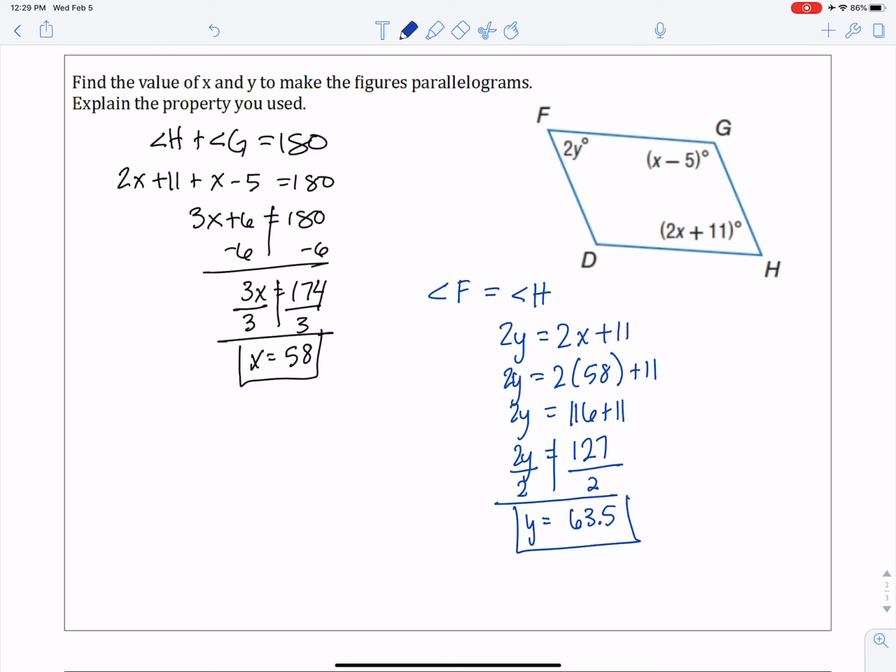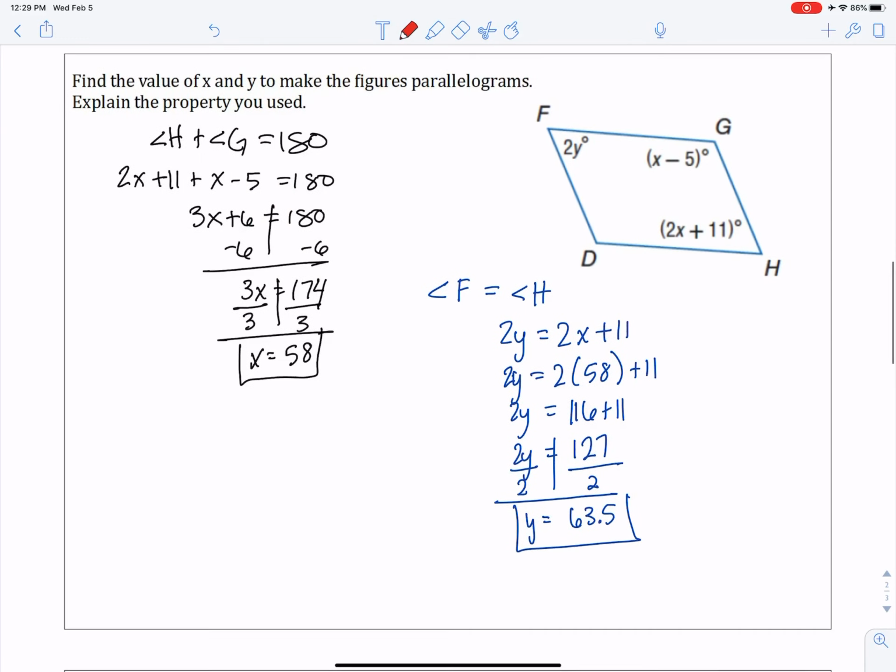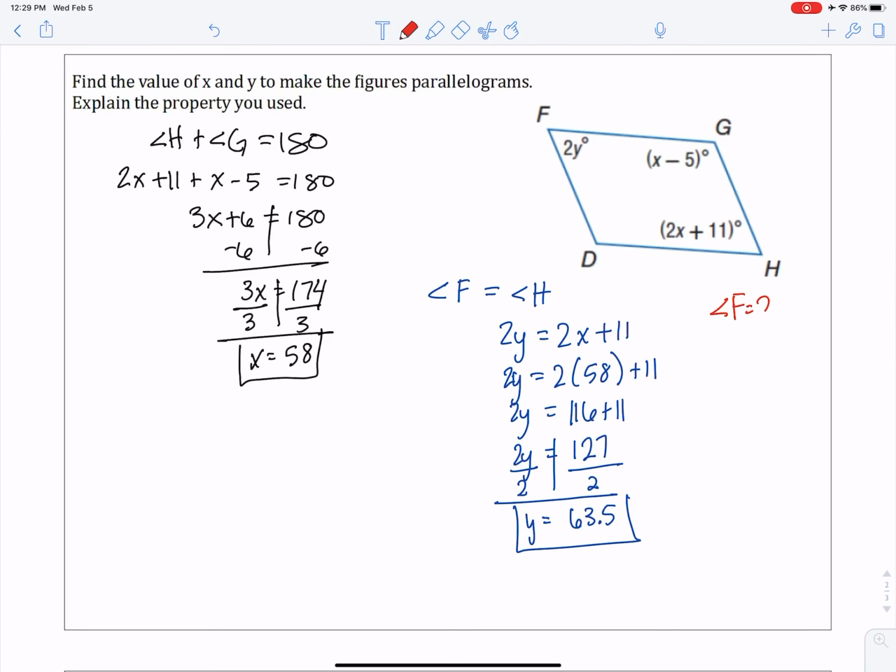And then we could take that information and we could plug it in. So for angle F, I could say 2 times 63.5, which is 127. So angle F would equal 127. And so would angle H, 127. And you can see that right here where we plugged in 58. 2 times 58 plus 11 is 127.